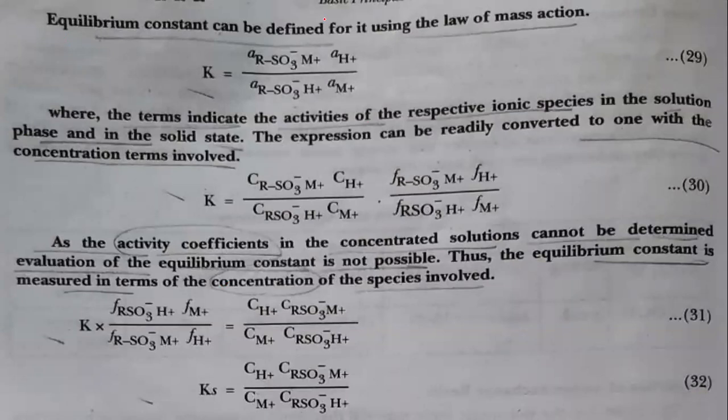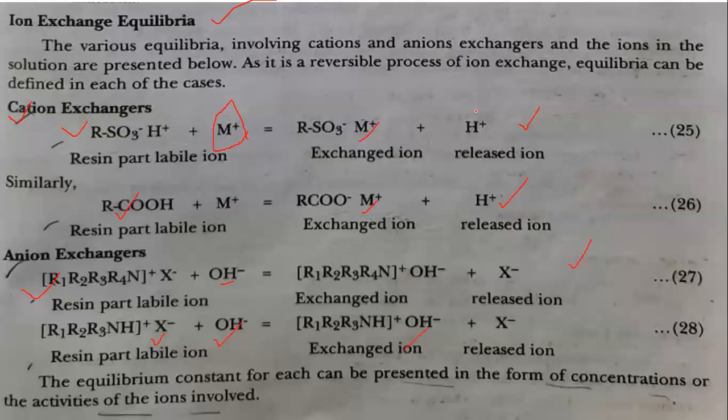In terms of activity, by applying the law of mass action, we can write the equilibrium constant K as the activity of RSO3 minus M plus times the activity of H plus, the right hand side of this equation, upon the activity of the left hand side.